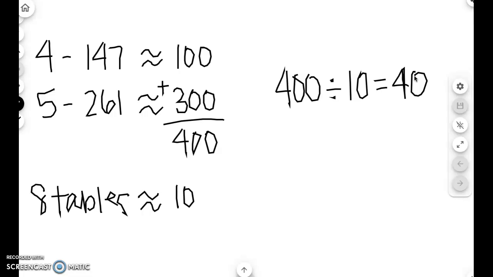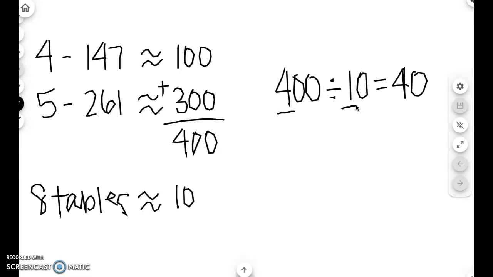And I do that by knowing that my base fact is 4. What times 1 is going to give me 4, which is the 4, and then the 2 zeros give me the 1 0.